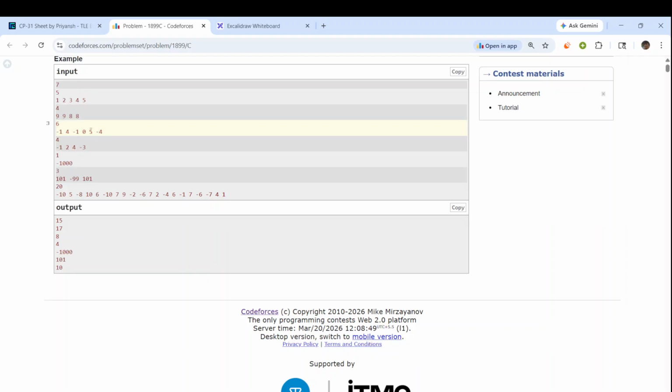Yes. For this one, I think the answer was like this. So even if I am taking a negative integer, the sum is increasing because 4, 5, 9, and this negative integer -1 will give me 8. That's the thing. So what should I do to check this one? This condition shows that there is a negative inside of two positive.